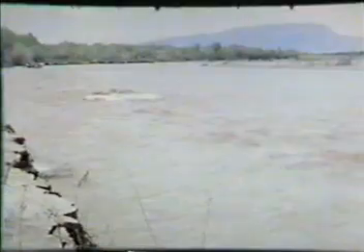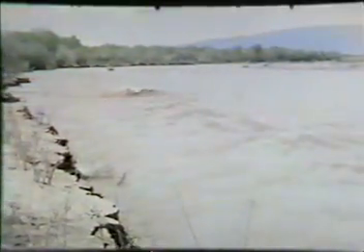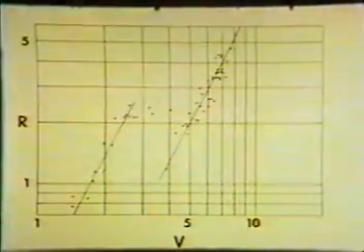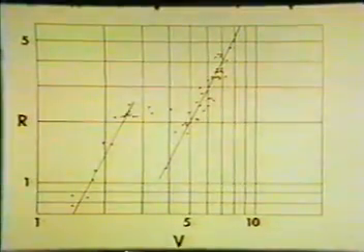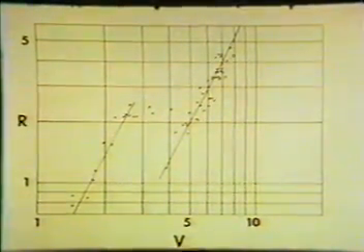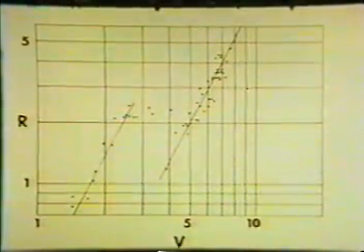A sample taken of this flow showed a concentration of sediment of about 8,000 parts per million. The change in flow regime has a definite effect on the stage discharge and depth discharge relation. Here is a plot of the relation of velocity to hydraulic radius for the Rio Grande near Bernalillo, New Mexico.